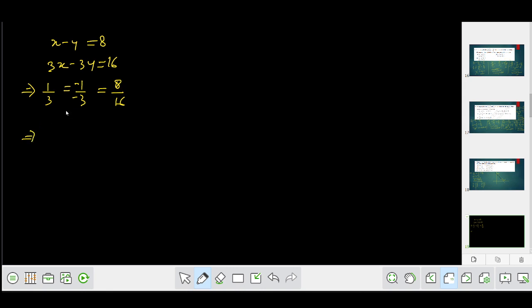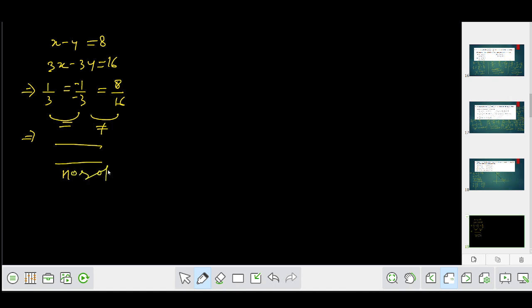Okay. Then what will be? They are equal, they are equal, and they are not equal. So the constant term is different. If the constant term is different, that means the equations are parallel lines. If these equations are parallel, they have no solutions.